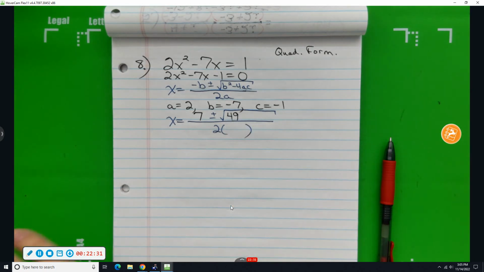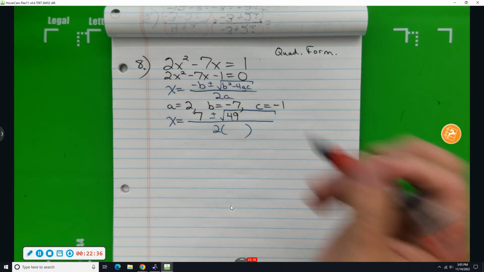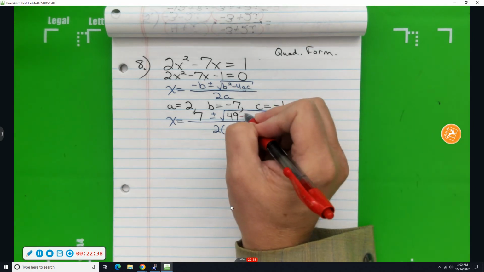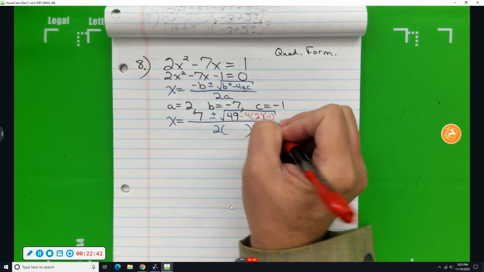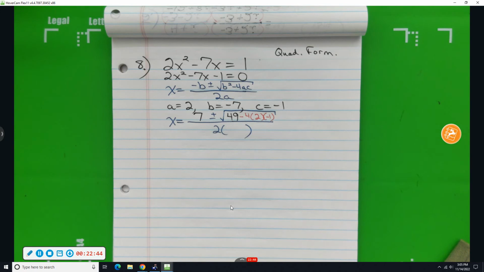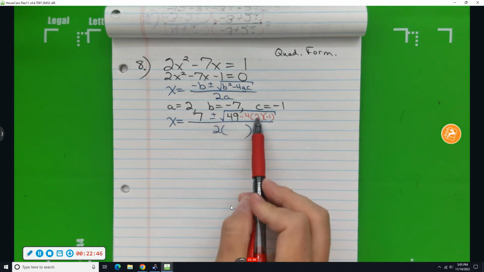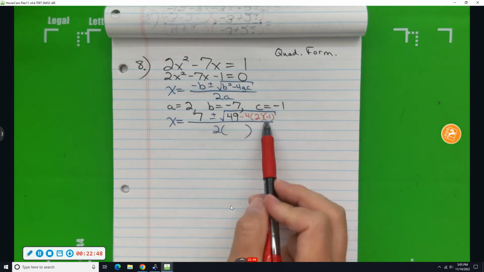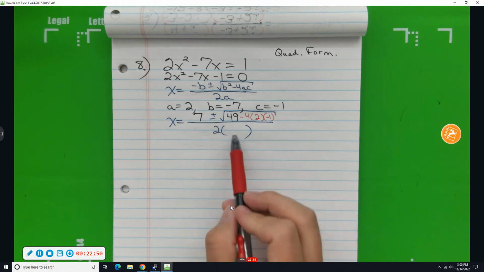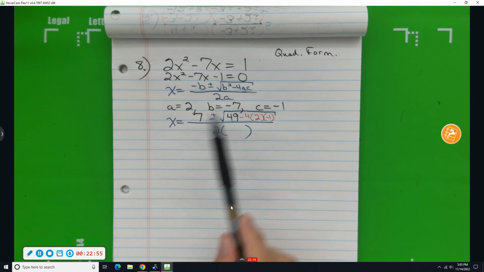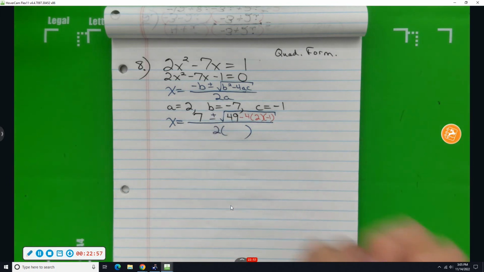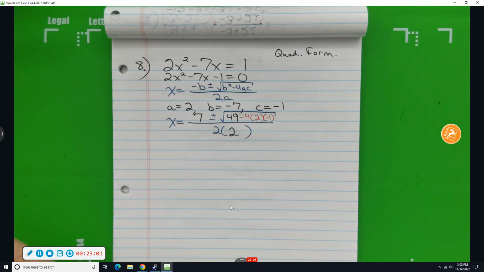And then minus 4 times a times c. Remember we said a was 2, c was negative 1. And what's going to go here in the denominator? 2 times a, a is a 2.